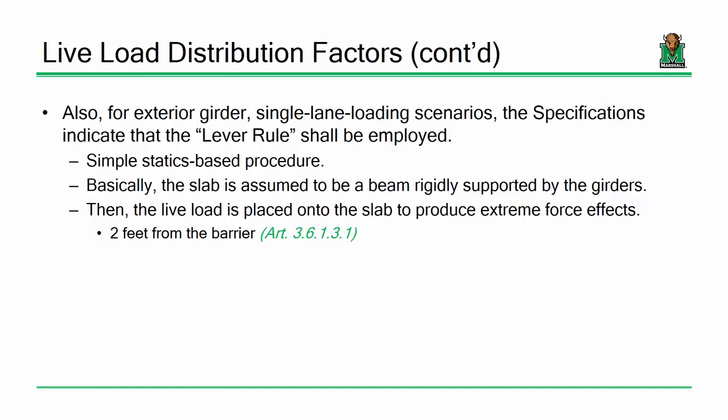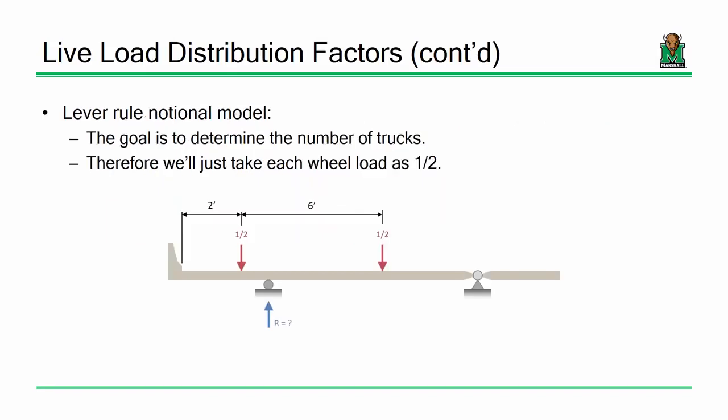And the specs say that that's 2 feet from the barrier or 2 feet from, let's say, the sidewalk or something like that, wherever the beginning of that road begins. Okay, so this is ultimately where you would place the truck. You'd find out where your barrier edge is, 2 foot over, there's one axle or one line of wheels, 6 foot, there's the other line of wheels. Statics. Make sense? Any questions?